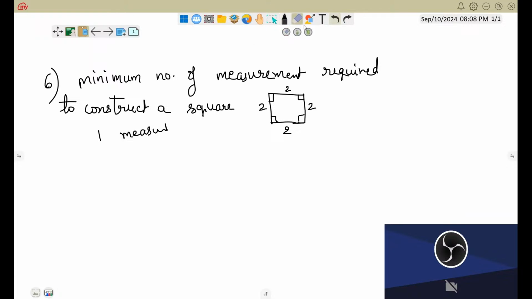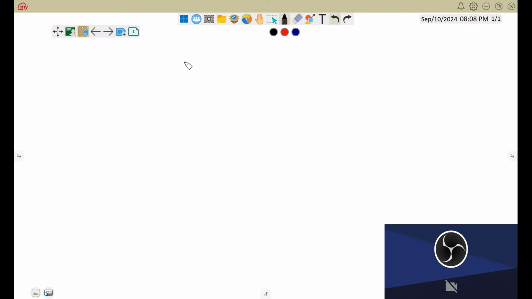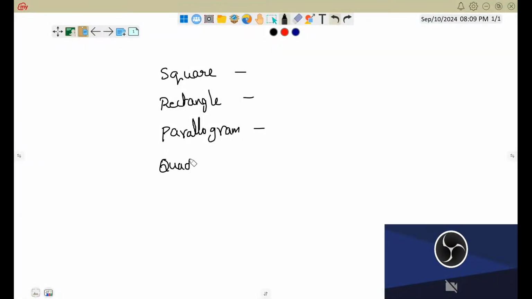Okay. Now my question to you, students. Give me the answer in the comments. A square requires how many measurements? A rectangle requires how many measurements? A parallelogram requires how many measurements? Minimum number of measurements. Okay. A quadrilateral requires how many measurements? Comment, everyone.